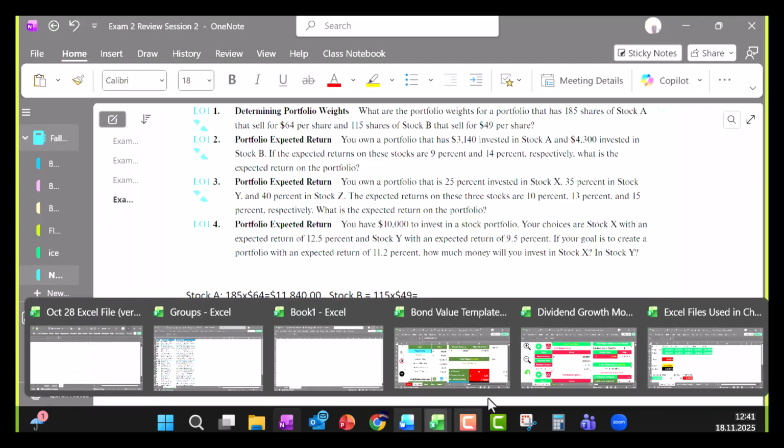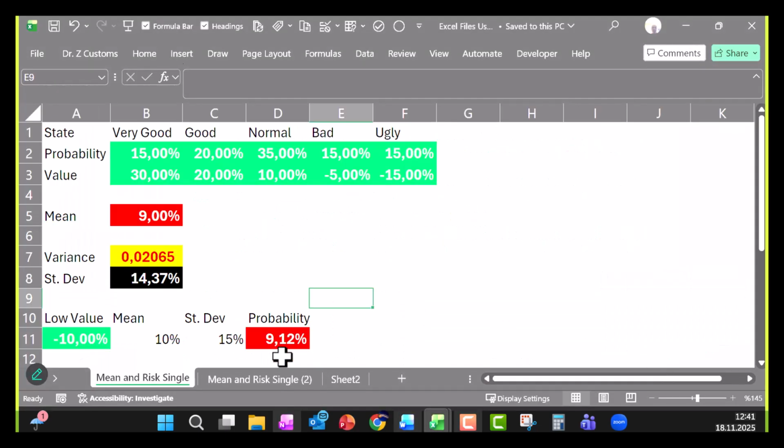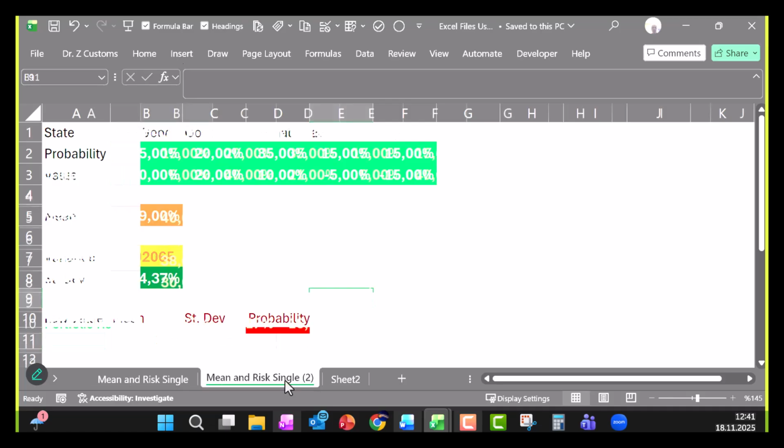You could also use the file we used in the class.